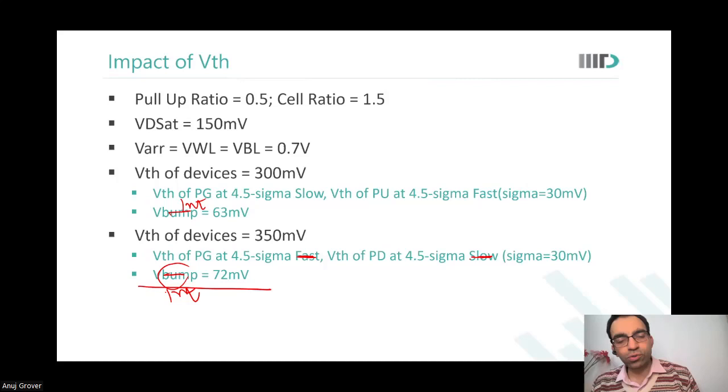So please do this analysis. If you have already written the equations for yourself, just go ahead and extend it further. If you have not done that yet, please make those equations and make this short program. You could use Python, or you could do it in MATLAB, whatever. Just do this and see for yourself how different variables, as they change, impact the writability and readability of a memory cell.